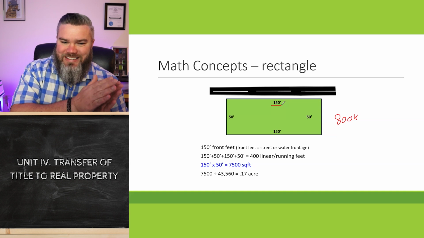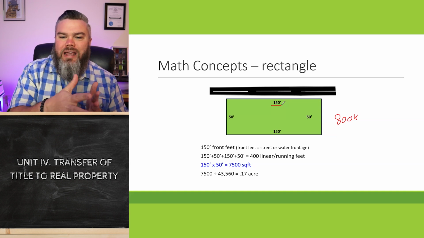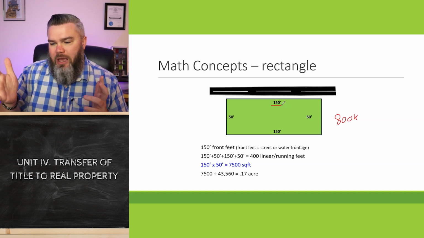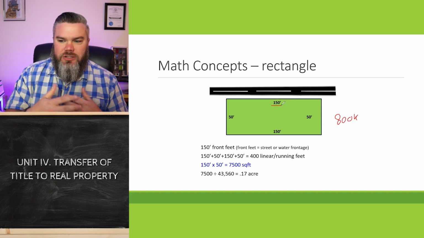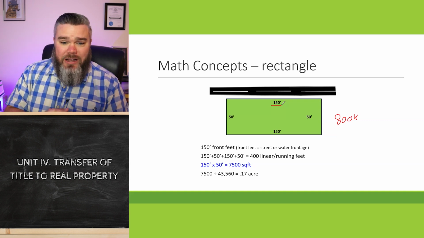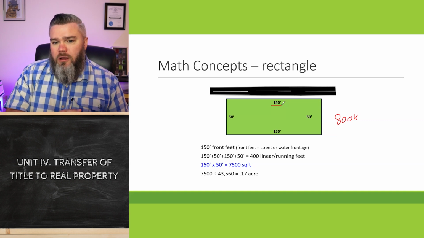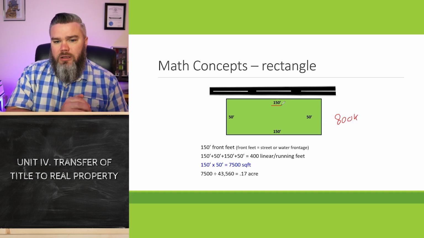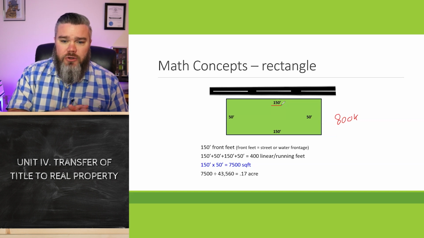But that's not what the question's asking. We're just saying, what would it have been charged per front foot if it had sold for this? You've just got to understand, if we ask you to do the math, do the math. Are we ever valuing a property solely based on front foot? No, not typically. But we will typically add value to it because of the front footage. So hopefully you're all with me there.